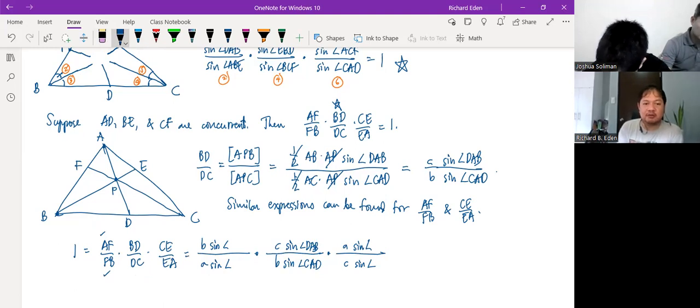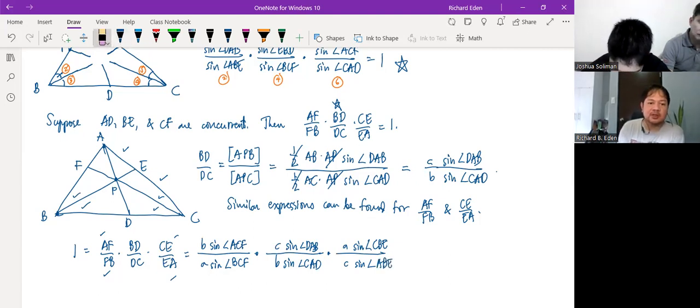So for AF, it will be this angle, and that is the angle ACF, okay, ACF. And then for FB, this is the opposite angle, BCF. And then here for CE, opposite CE is this angle, CBE. And then opposite EA, here's EA, is this angle, ABE.